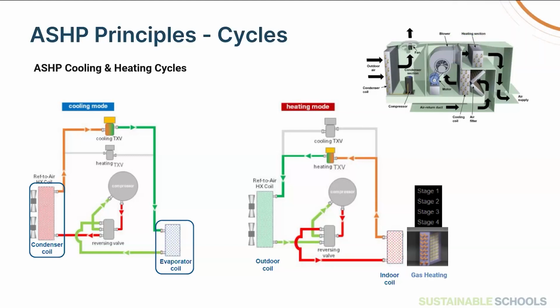On the heating cycle, we've got the gas furnace that's indicated here. And one of the big challenges for these installations is always going to be harmonizing the air source heat pump, the indoor coil, the coil that's delivering the heat to the air supply that's being pulled out of the outside air, coordinating that with the gas heating so that they work seamlessly together.